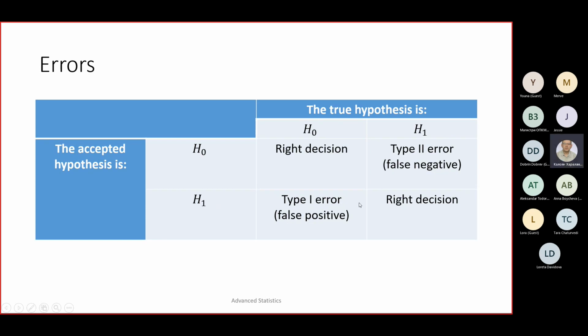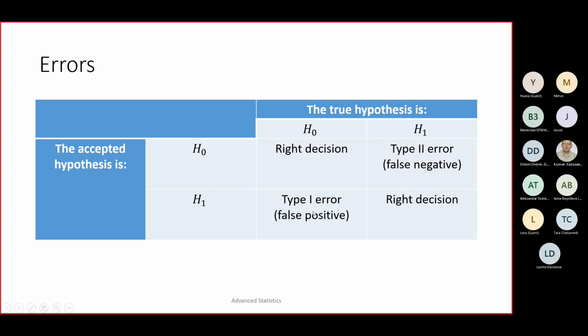In the opposite, if alternative hypothesis is true, but our data and our calculations lead us to the conclusion that null hypothesis is true, that we must accept null hypothesis, then we will make type 2 error. These errors, type 1 error and type 2 error, are also known as false positive conclusion or false positive decision, and false negative conclusion or false negative decision.